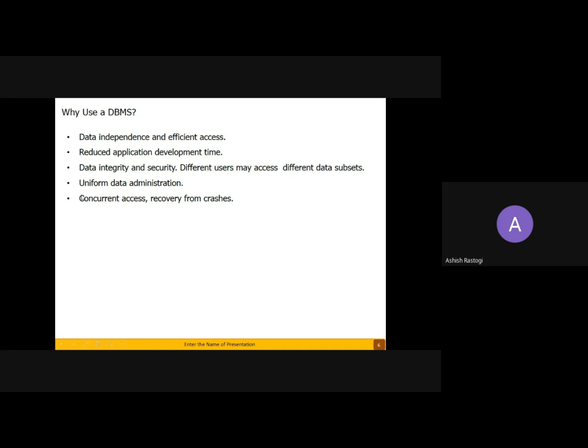Next and last is concurrent access. What is meant by concurrent access? Concurrent access means multiple users can access data parallelly, simultaneously. Like suppose I am booking a train ticket from my mobile, and you are also doing the same task for the same train and a particular seat.